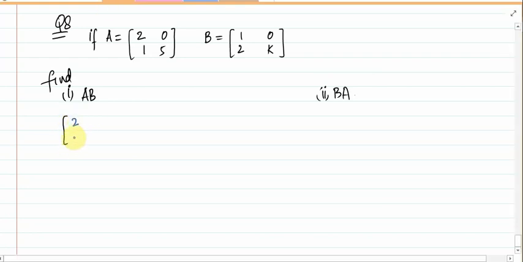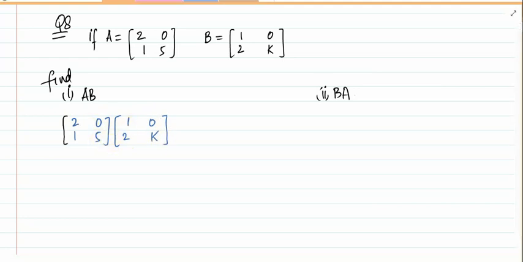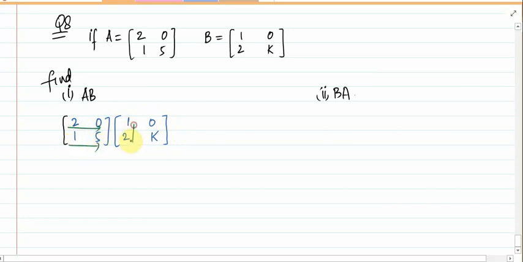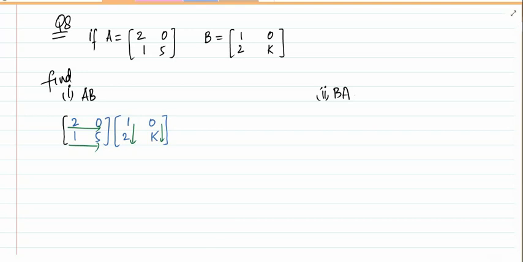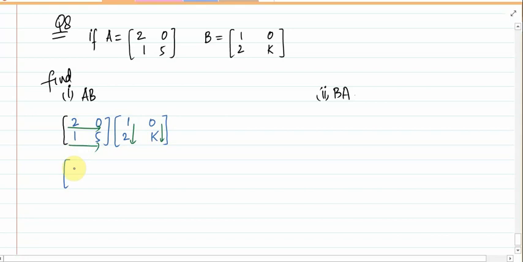Matrix A is [2, 0; 1, 5], matrix B is [1, 2; 0, K], right? Both matrices are of the same order, 2 by 2, so we need to plot the arrow, right? The arrow is not mandatory to draw in every question, but I make it to explain it better for you guys. So 2 on the left tail side, so tail multiplies with tail.